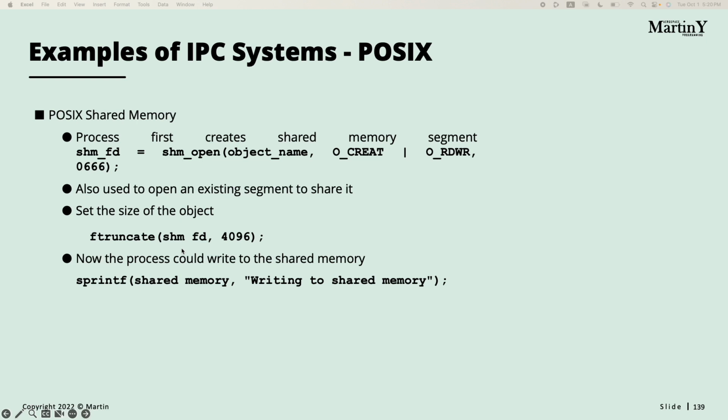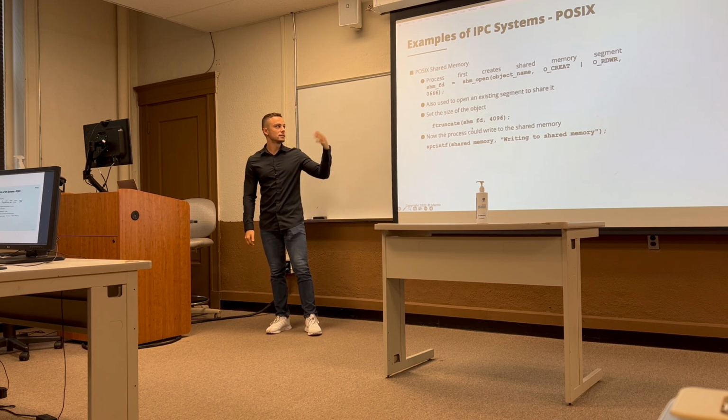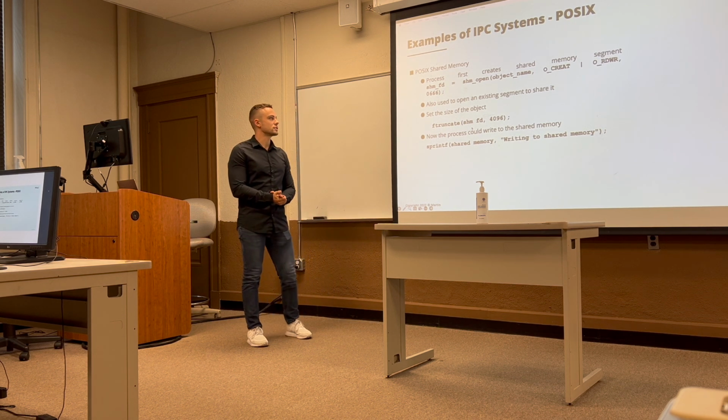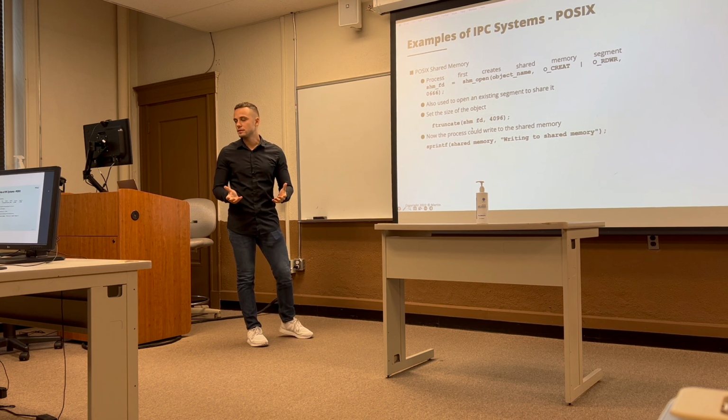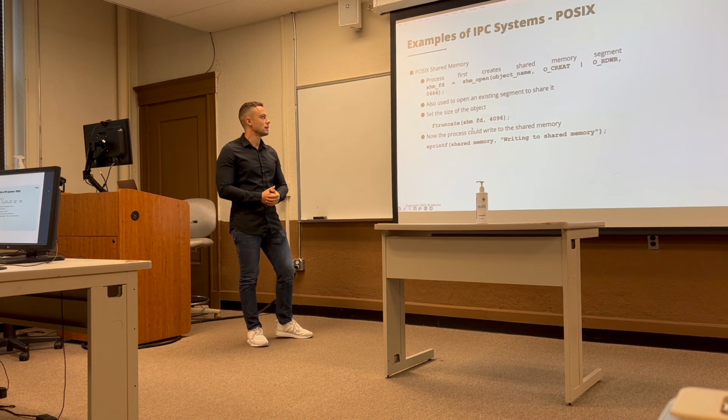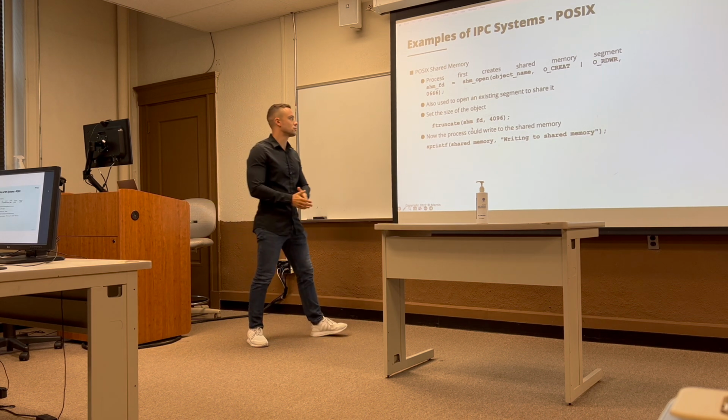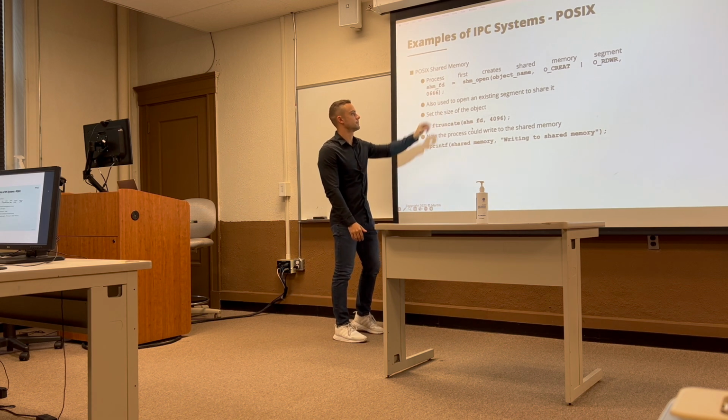You can see here, for example, the function to create the shared memory is called shm_open, where we can add the name, and if it hasn't been created yet, we create it. If it's already been created, we just assign it to this variable right here.